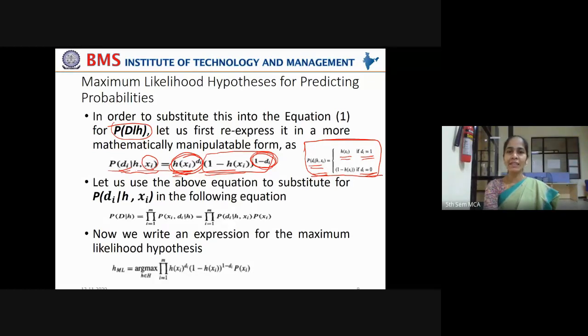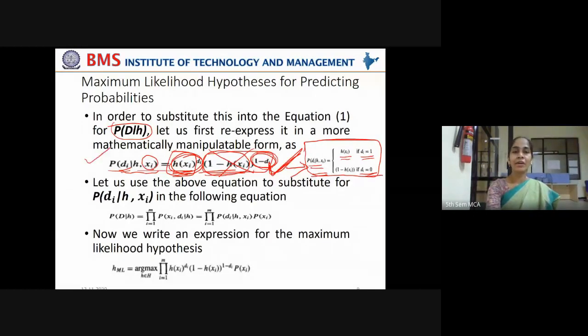When di is equal to 0, the event is not happening, so it is 1 minus h of xi. If di equal to 1, then the event is happening, this term will be cancelled and you will have only h of xi. So this formula is another representation of this mathematical representation. Did you understand clearly?